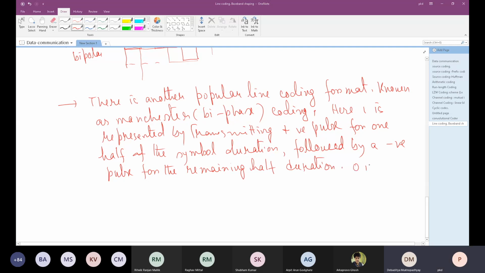And 0 is represented by reverse order pulses.